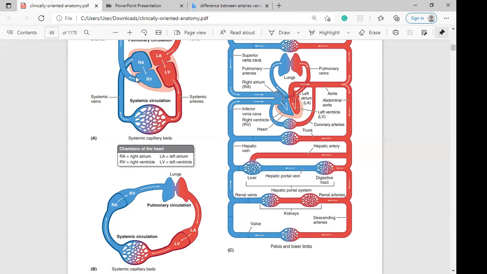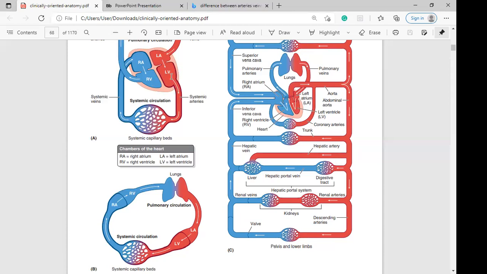We said when the blood leaves the right ventricle, it enters the pulmonary artery, yes? To prevent the backflow of blood into the ventricle, you need a valve, which is called the pulmonary valve. It prevents backflow of blood from the pulmonary artery into the right ventricle.